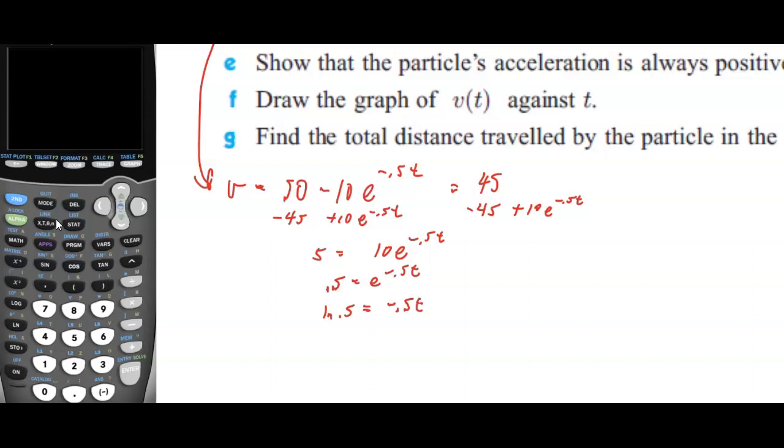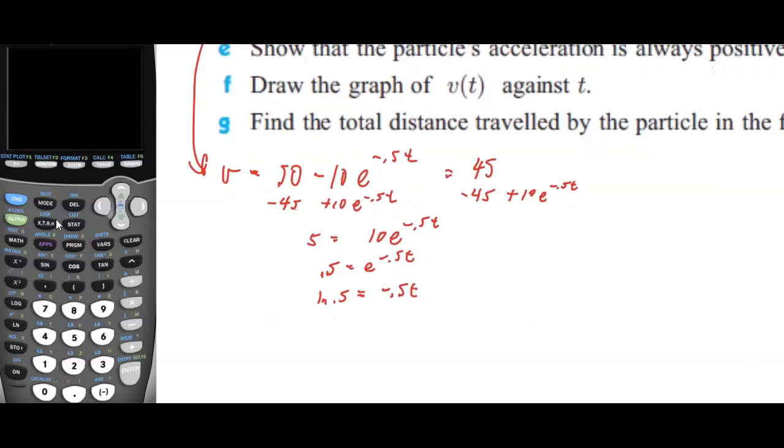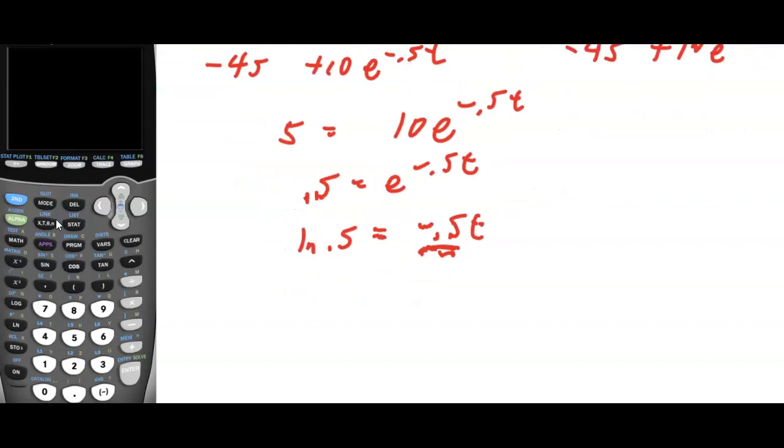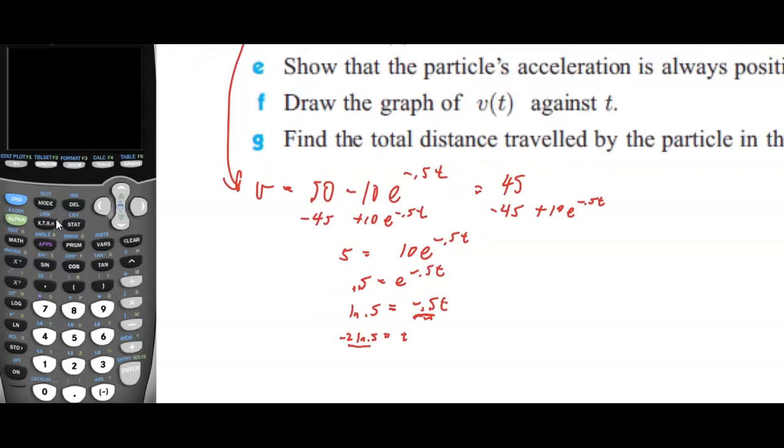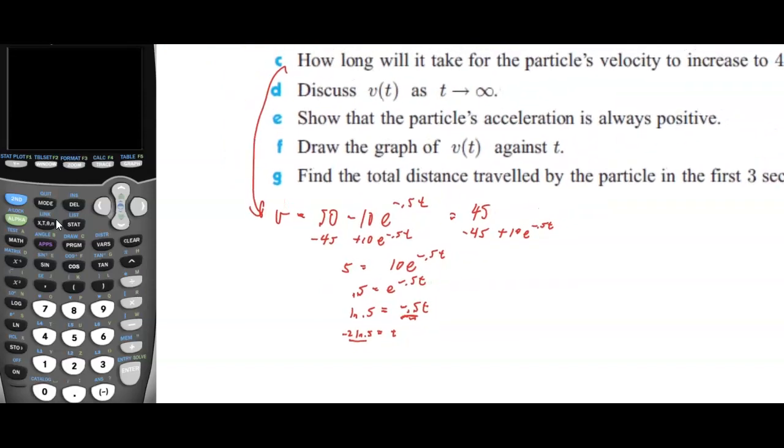Finally, I'm going to multiply both sides by negative 2. This becomes 1, and so this would be negative 2 natural log of 0.5 equals t. And so there is my solution for when the velocity becomes 45.